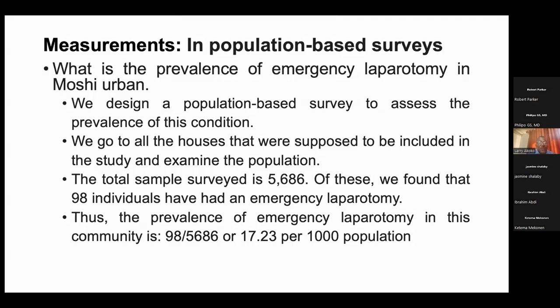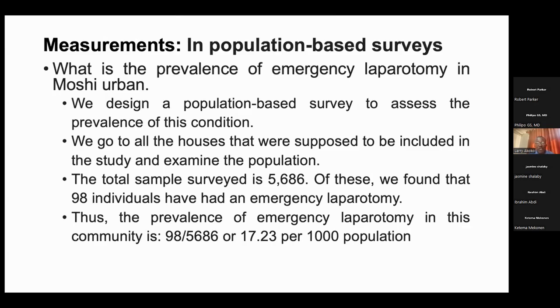You can use the same for the prevalence of HIV among patients undergoing surgery, the prevalence of anemia, hypertension, diabetes mellitus, CKD, whatever you want to look at, the burden of that disease in a population.